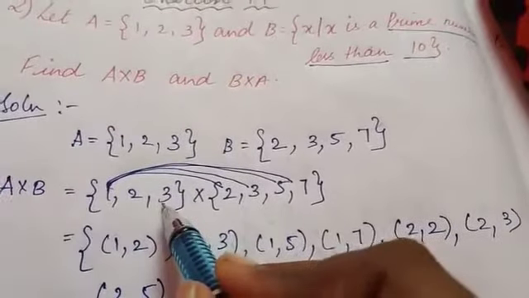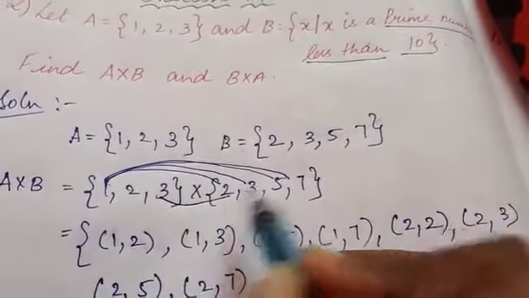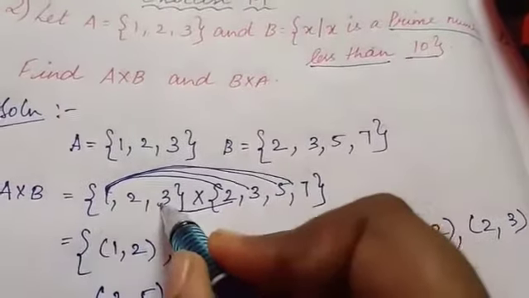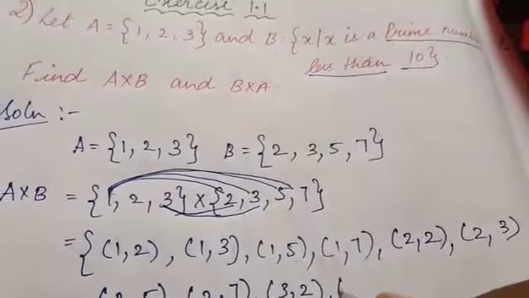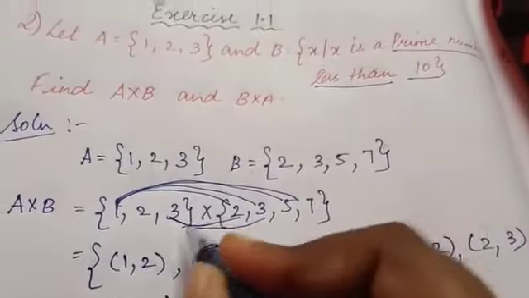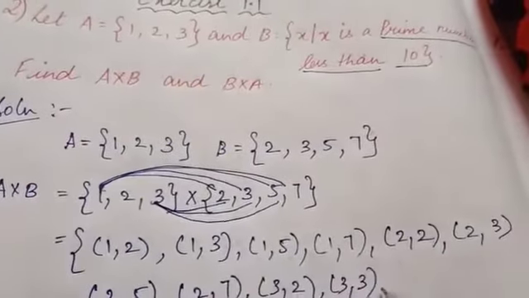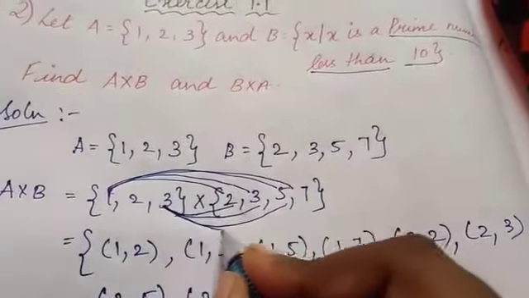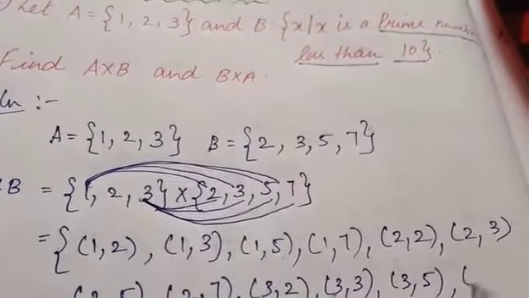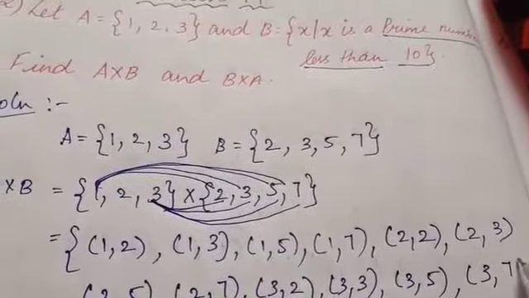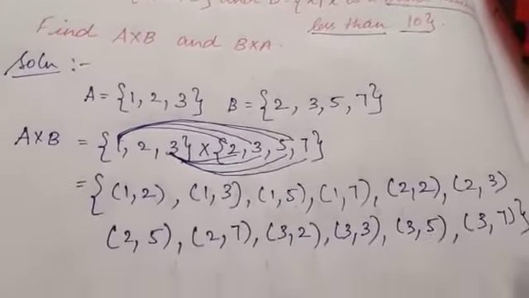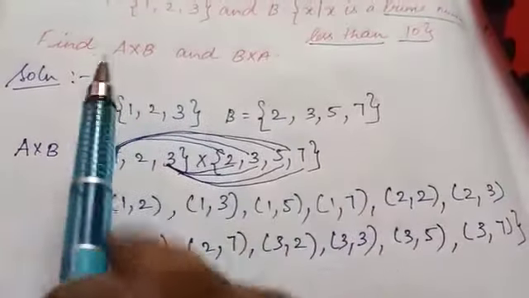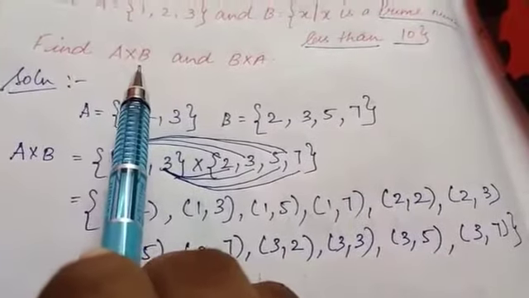So I'm going to pair this 3 with the elements of B: (3, 2), (3, 3), (3, 5) and (3, 7). So we have found A cross B.